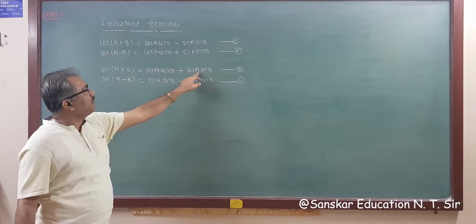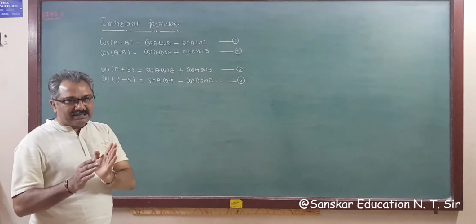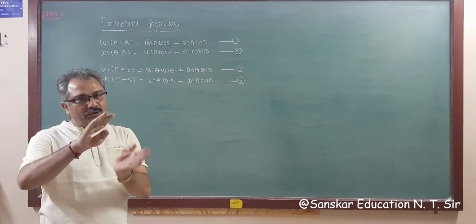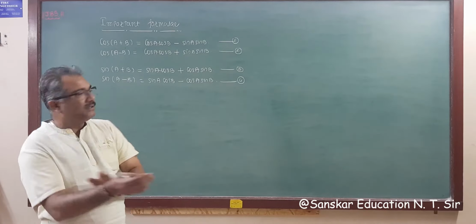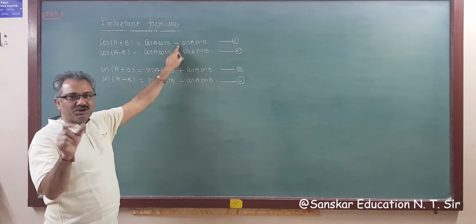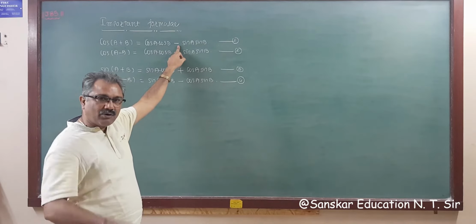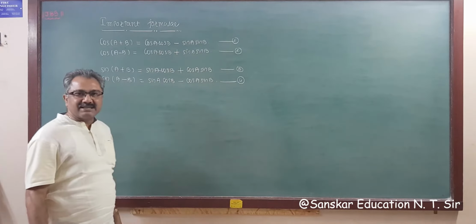So A goes to sin and B comes to cos. In cos, if plus, you have to take minus in the answer, and the cos formula has cos cos and sin sin in the answer. That is, cos(A+B) is cos A cos B minus sin A sin B.